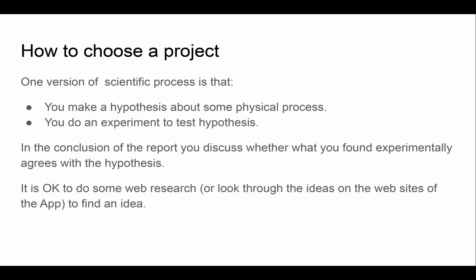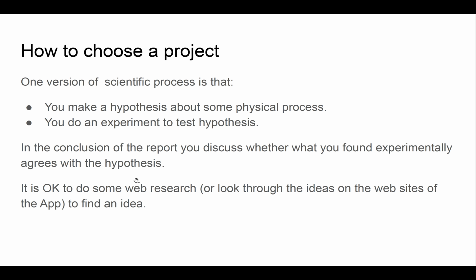The experiment in this case is that you use your mobile phone, do some measurements, and compare against what you originally thought. Then when you write a conclusion, you can say, this is what we thought we were going to find, and this is what we actually found.